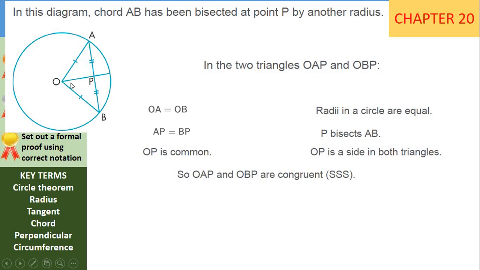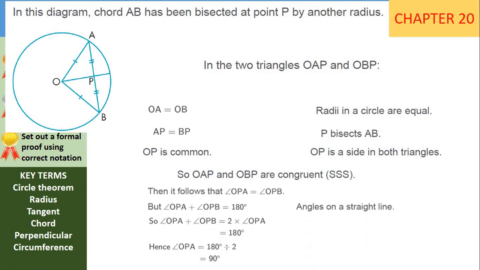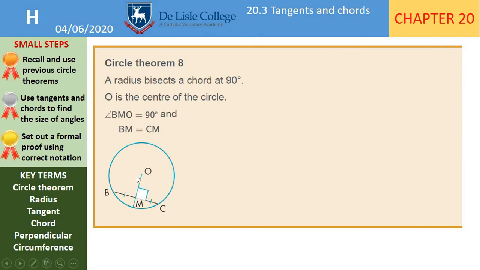OA is equal to OB, OP is common to both, and because it bisected it, these must be equal as well. So all I want you to take away from that is this circle theorem here, that a radius always bisects a chord at 90 degrees. So if you see a chord and you see a radius, it will always bisect it, and I just need you to remember that.